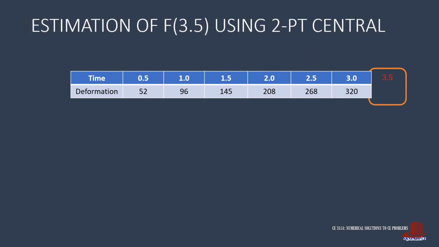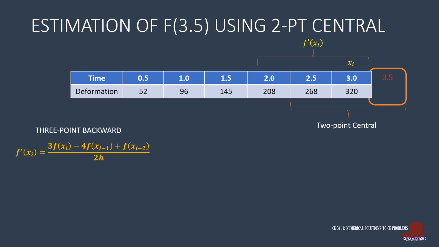We start with a case when the deformation at x of 3.5 is solved through 2-point central. This means that x of 3 is xi, and its prime is solved using 3-point backward. Starting with 3-point backward, the function of which is thrice of f of xi minus 4 times f of xi minus 1 plus f of xi minus 2 all upon 2h.